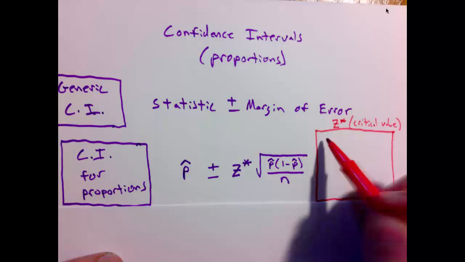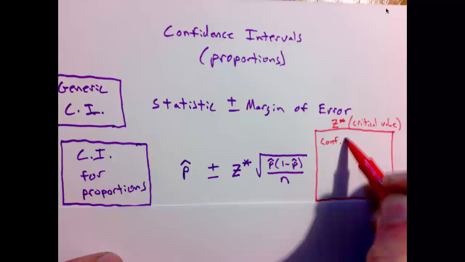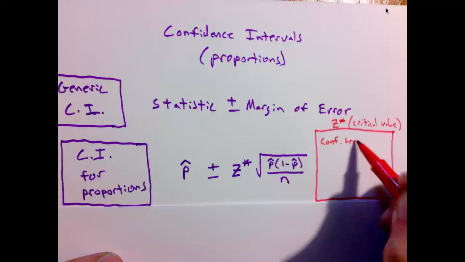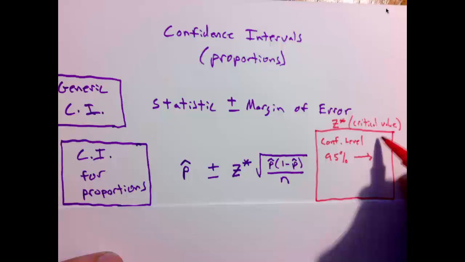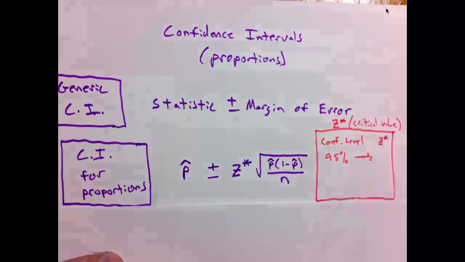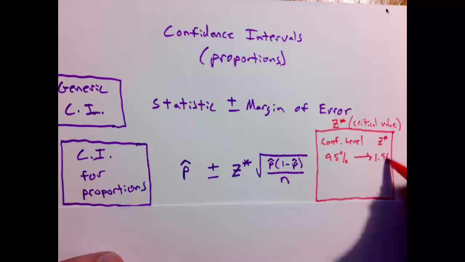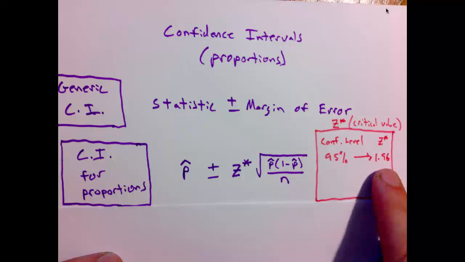If our confidence level is 95%, the one that we will use most often, the Z star is going to be 1.96. And 95% is 2 standard deviations, you may recall, so this 1.96 is very close to that.